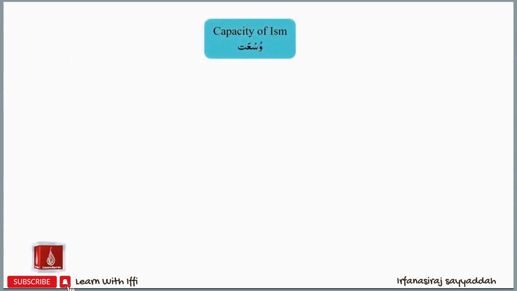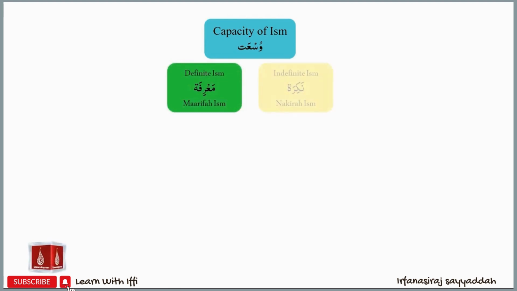To summarize, from the standpoint of capacity, an ism can either be definite ism or an ism can be indefinite ism. The Arabic terminology for definite ism is marifa ism, and the terminology for indefinite ism is nakira ism.